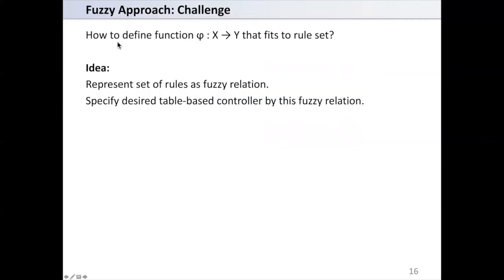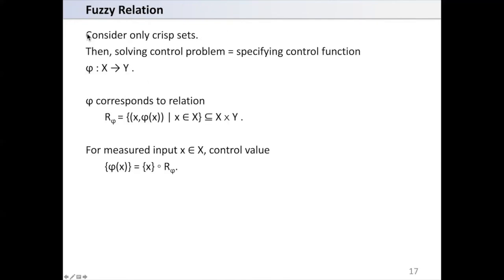The challenge is how to define function phi, which maps x to y and fits the rule set. The idea is to represent the set of rules as a fuzzy relation, and specify the desired table-based controller by this fuzzy relation. Consider crisp sets: solving the control problem is equal to specifying a control function, that is, phi is a function from the input space to the output. These are the control variables and these are the inputs of the controller.